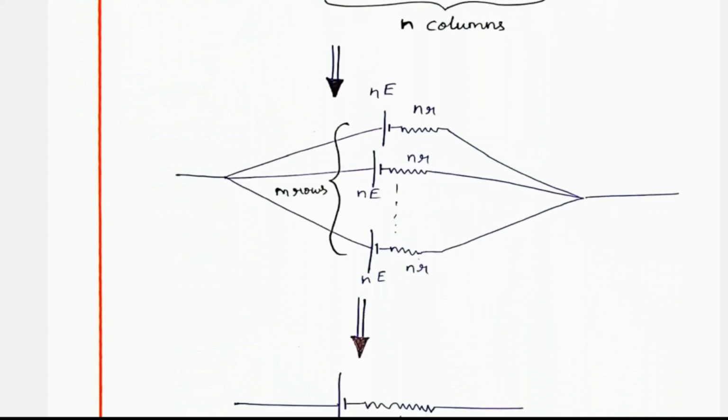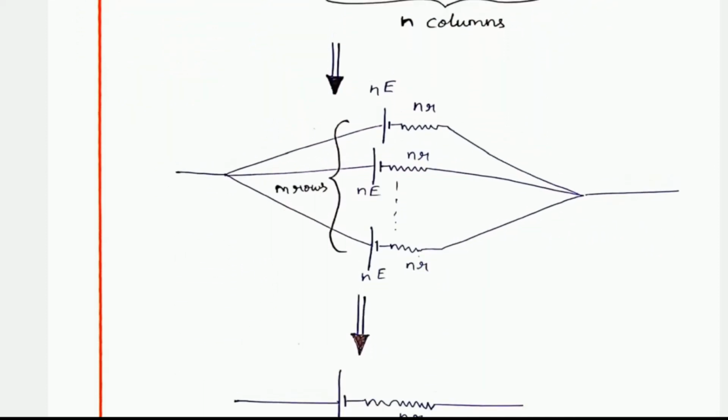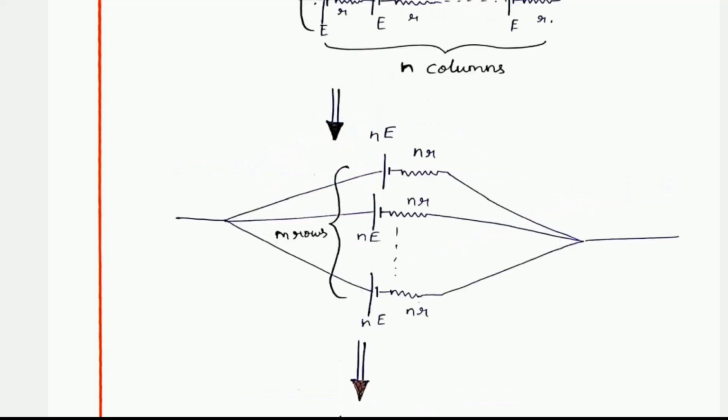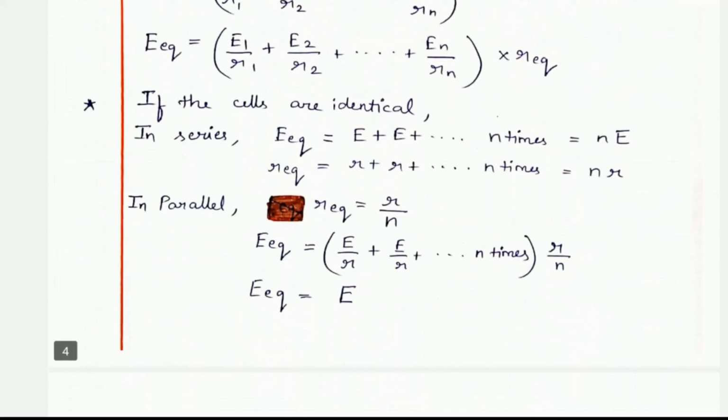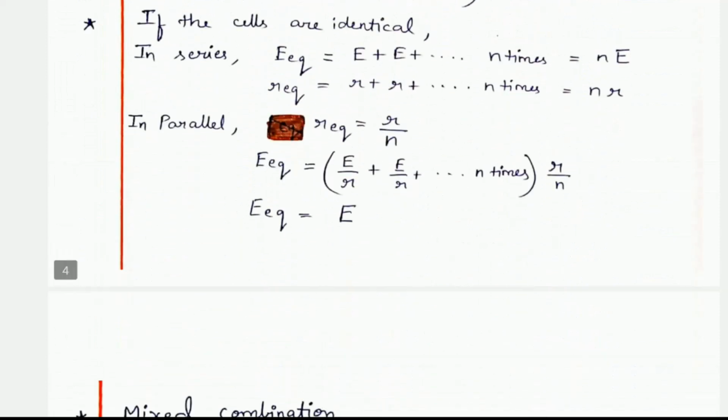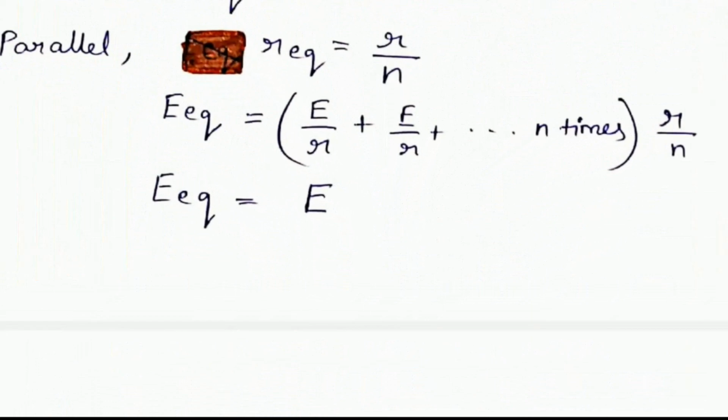Now our diagram becomes something like this. We now have m rows in parallel, so our net EMF will remain the same because we have read previously that if we have identical cells, then in parallel the net EMF remains the same.